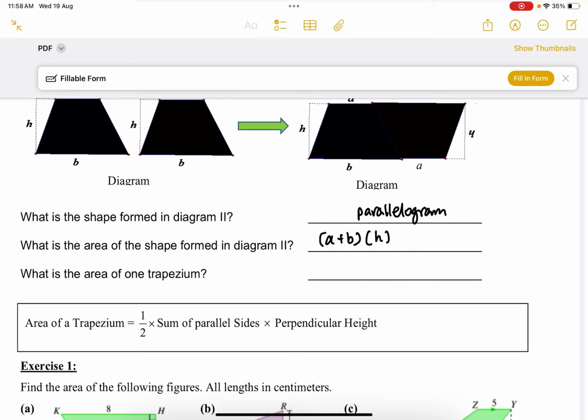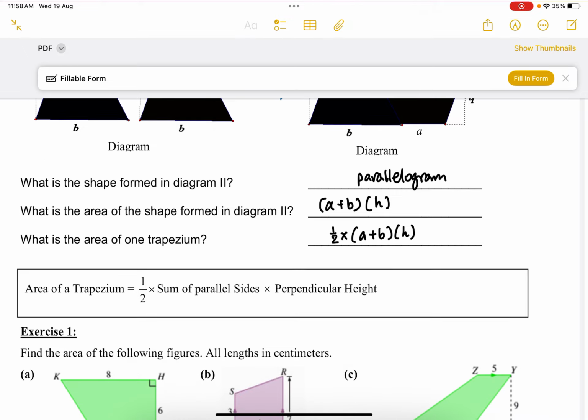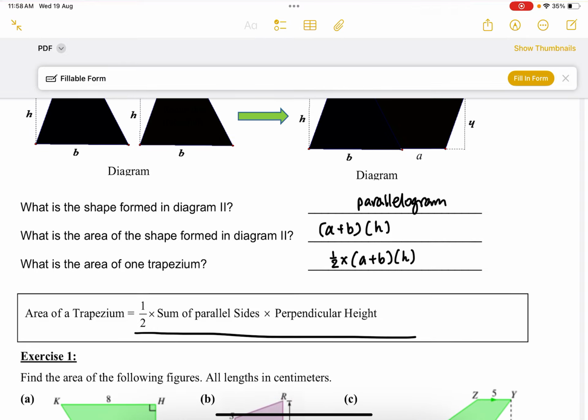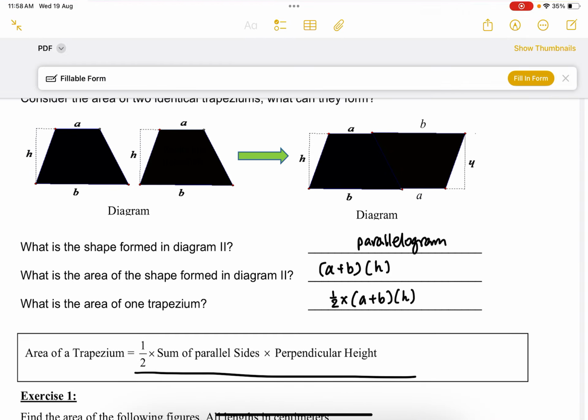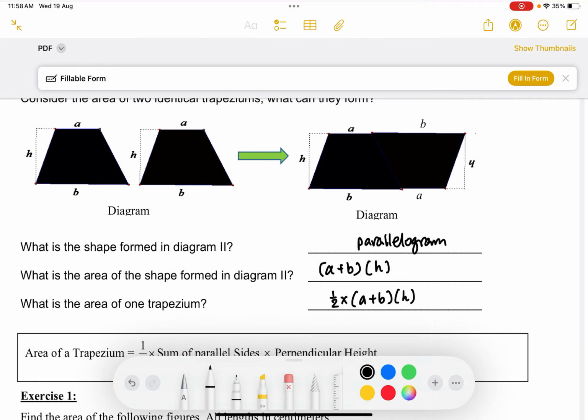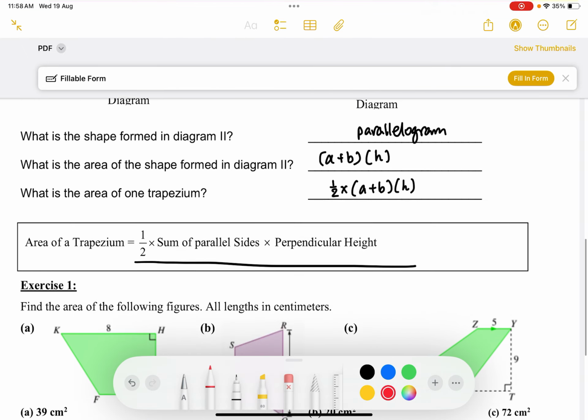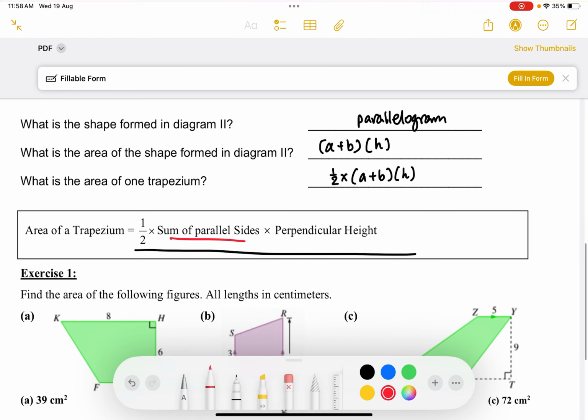Then what about the area of one trapezium? Then it will be half times A plus B times h. So this is how we usually say it, where A plus B will be our sum of the parallel sides of one trapezium. Okay, so that's over here, referring to the same thing.